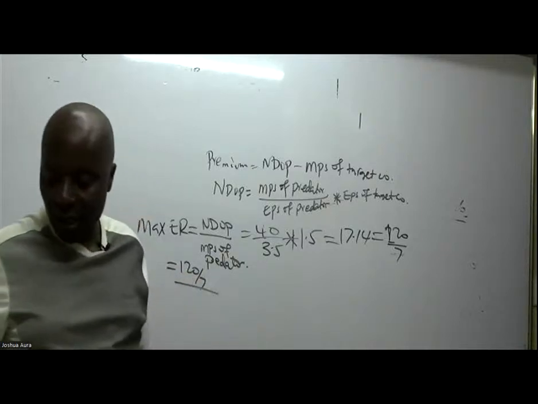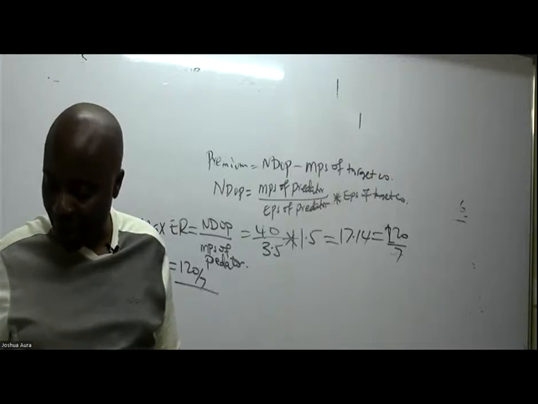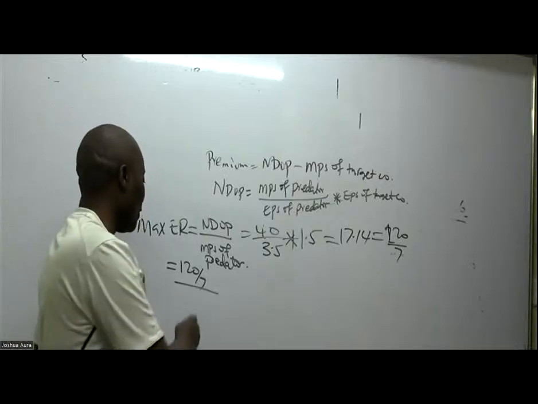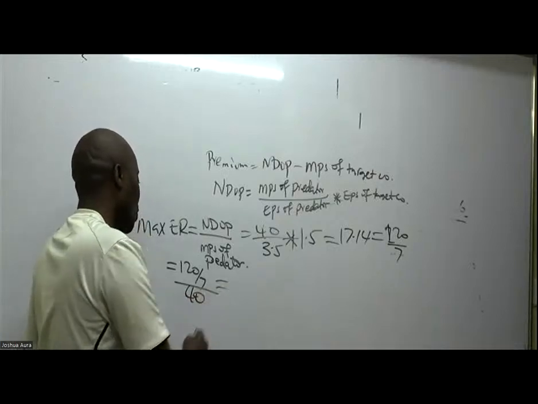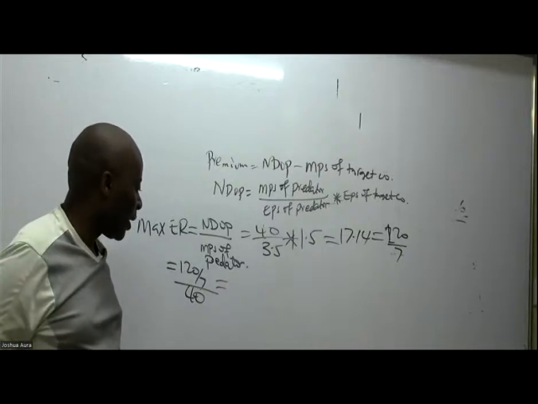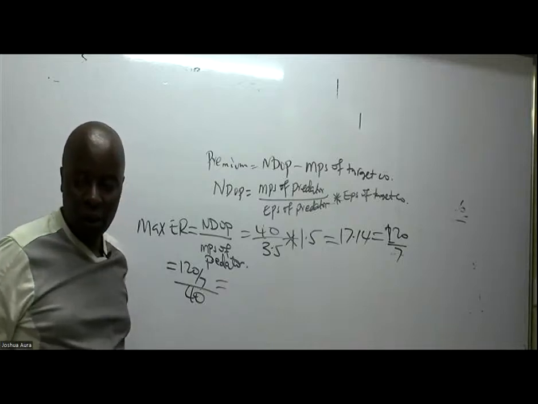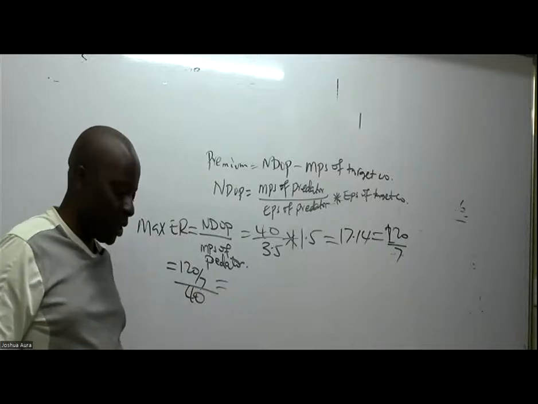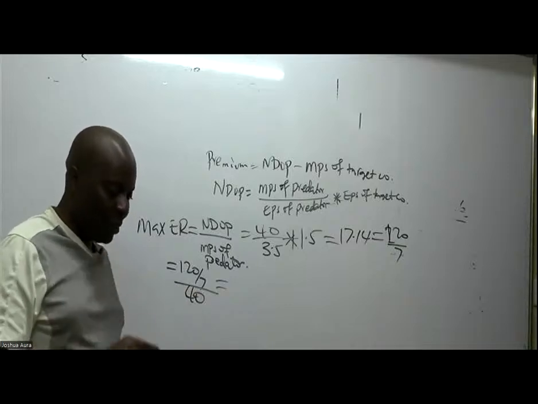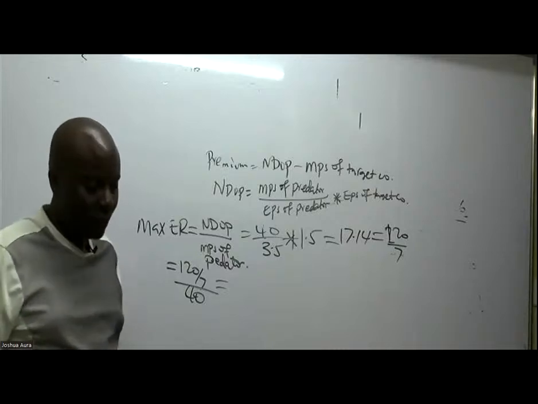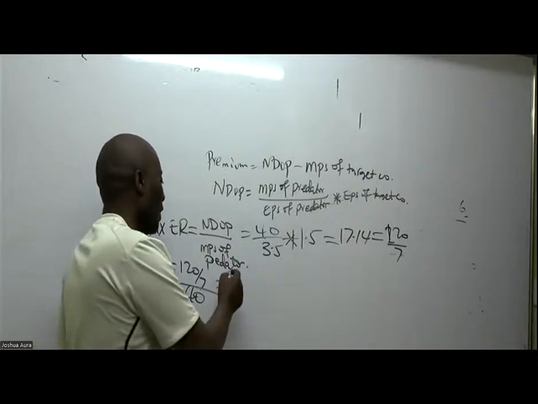MPS of the predator, which is 40. So try this for us: 120 over 7 divided by 40. At the end of the day, what are we going to get? As a fraction, you say 120 divided by 7 divided by 40 equals, then you press ABC. You'll end up getting 3 over 7. So Mosioka, have I answered your question?